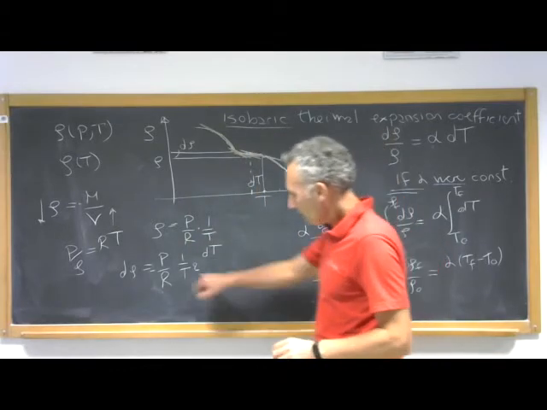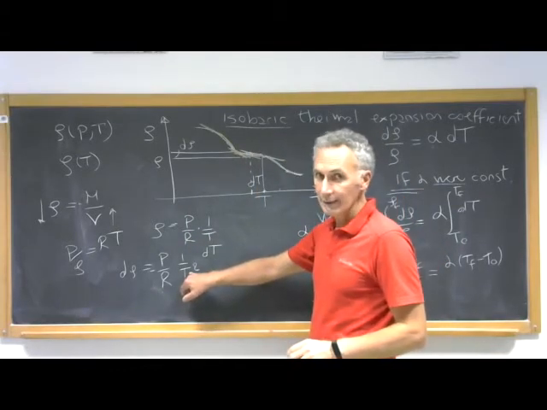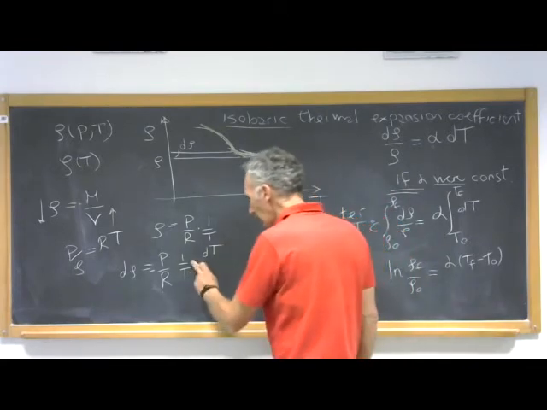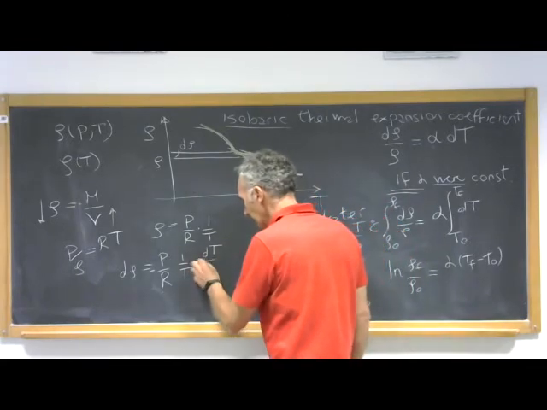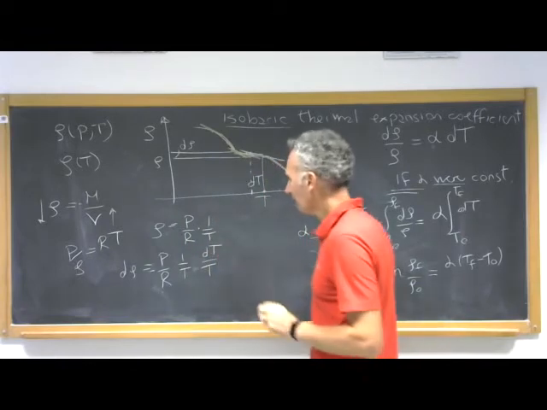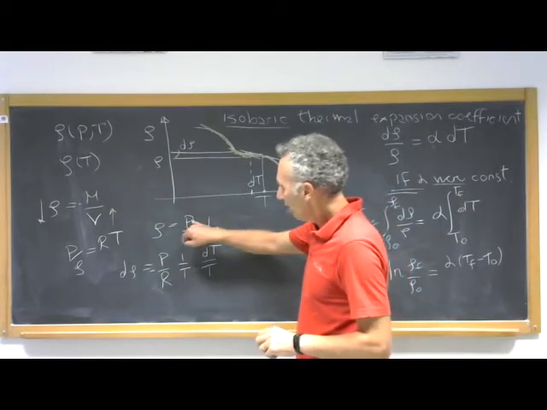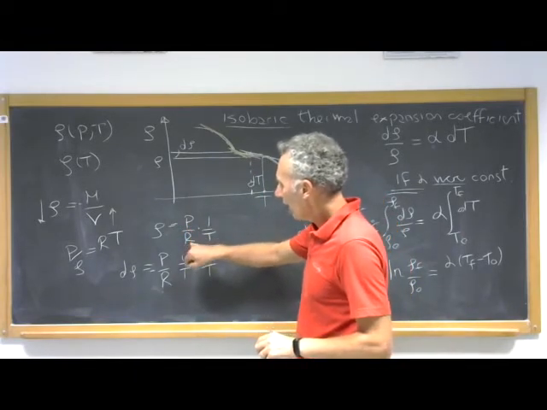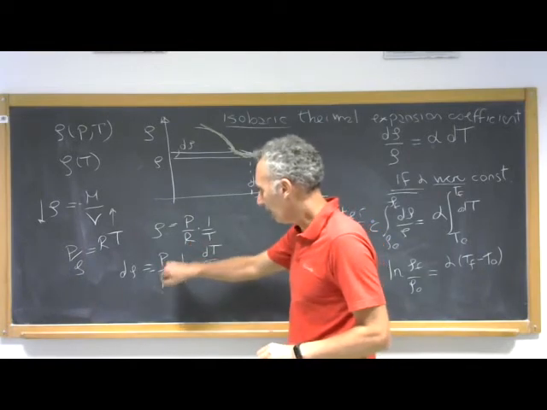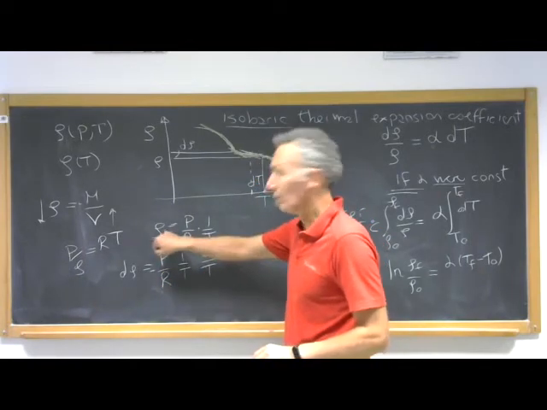Now, this T squared I can write as T by T. And now, P by rho T is equal to rho.